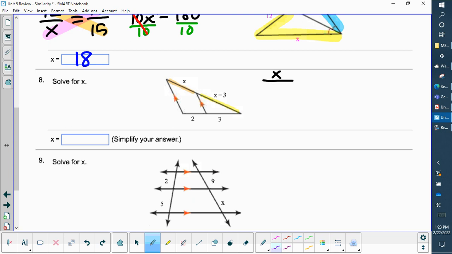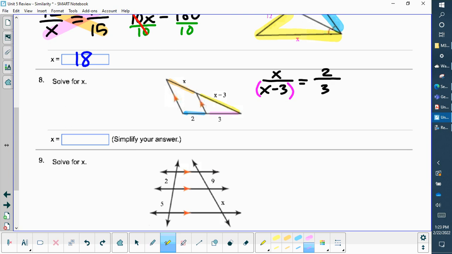X over x minus 3. And I can make this part here on the bottom segment into a fraction, 2 over 3. Now, before you start cross multiplying, I notice this denominator has a couple what we call terms, or a couple items. Group them.